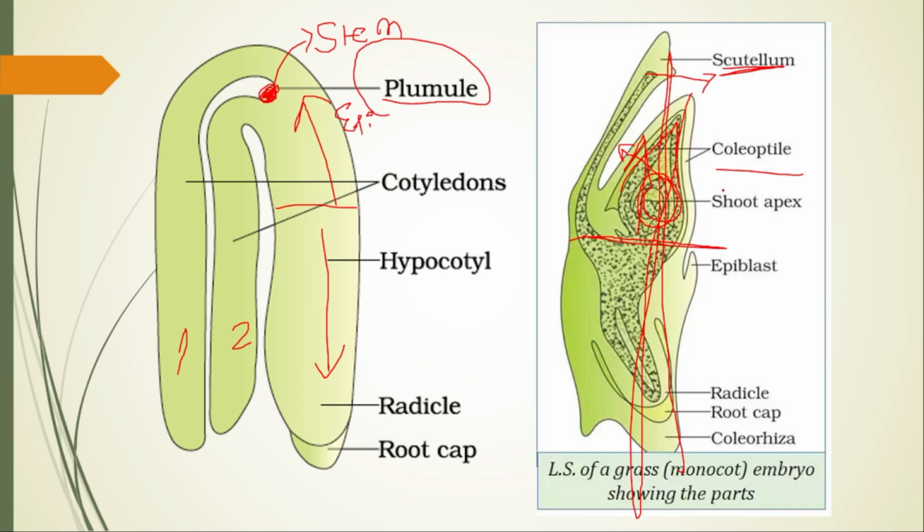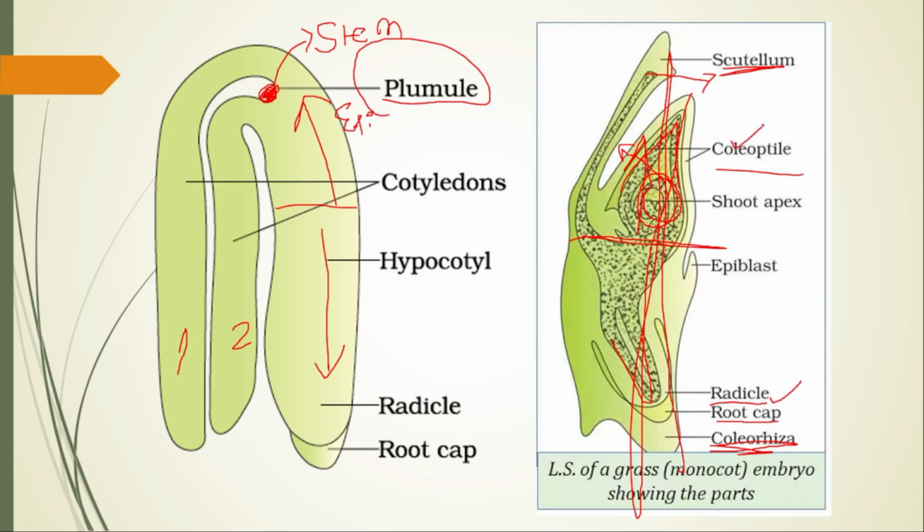The sheath which covers the shoot apex is called coleoptile, and below this embryonal axis there is the radicle covering the root cap. But these two are covered by one more sheath, which is called what? Coleorhiza.